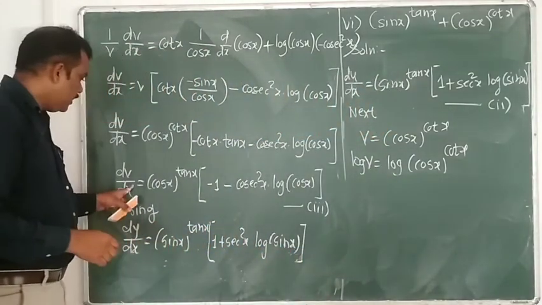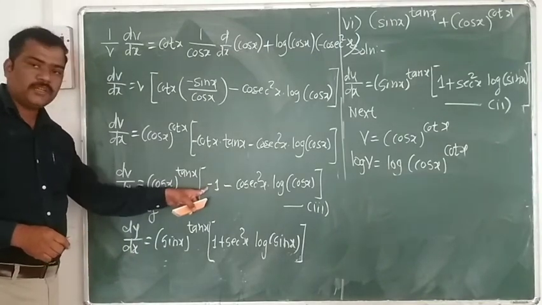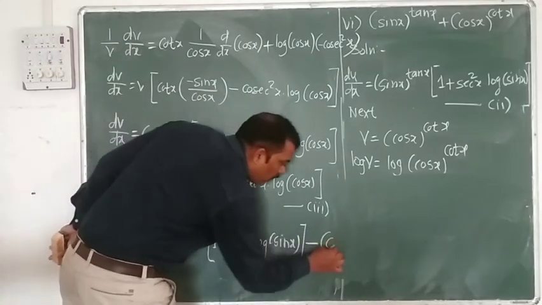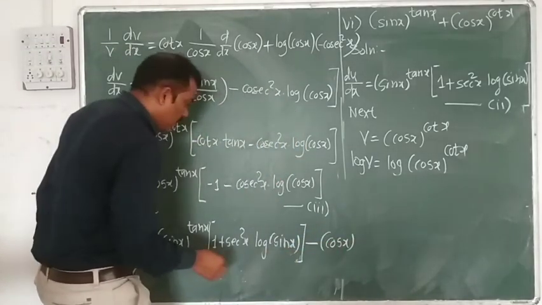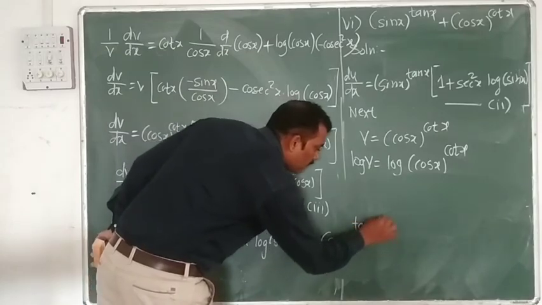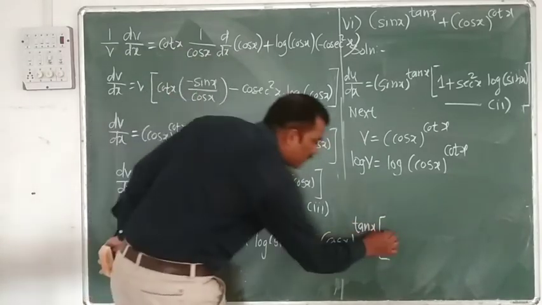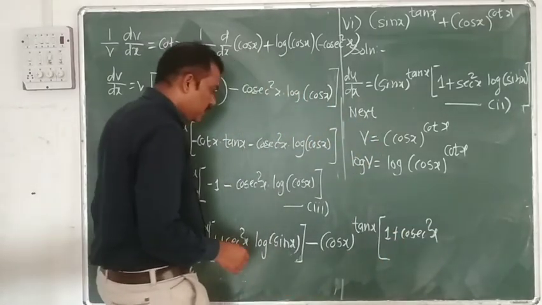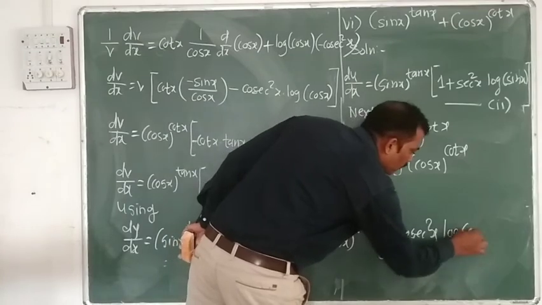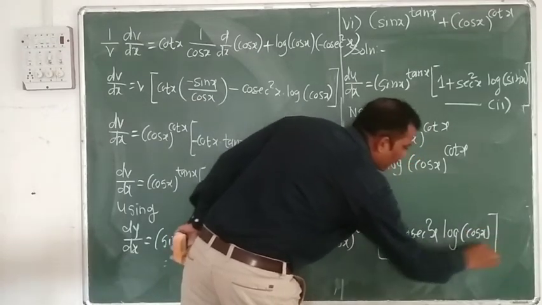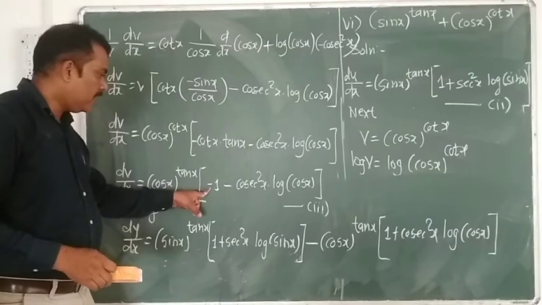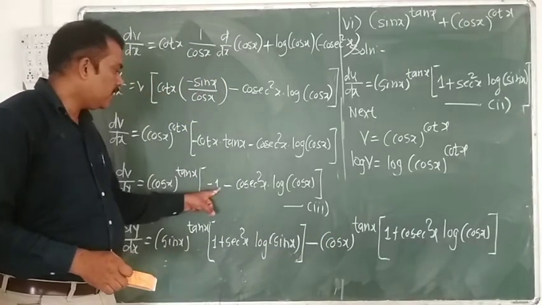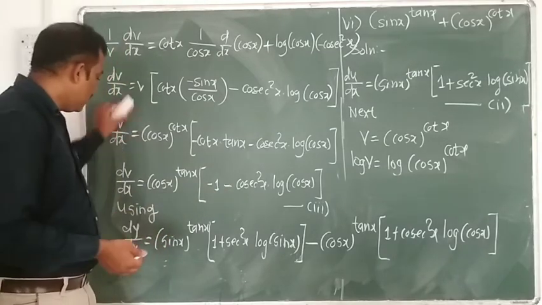plus dv by dx, but here we have minus, so we take the minus common, so it becomes minus cos x raised to cot x into bracket 1 plus cosec square x into log of cos x.